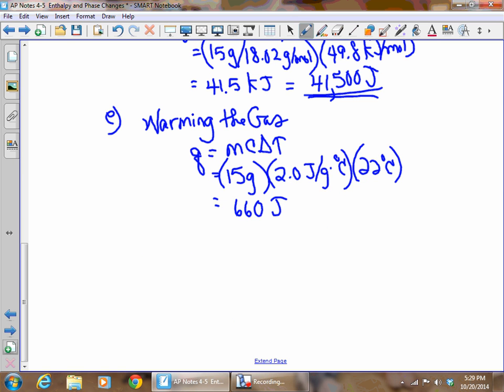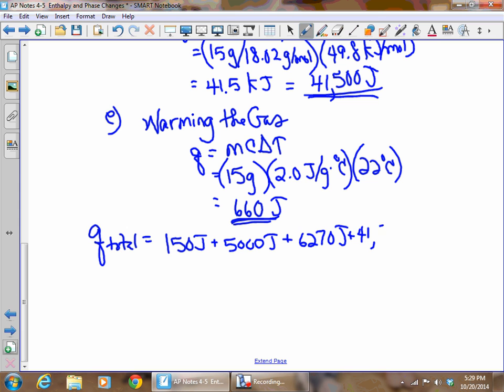Our very last step then is to take all of those values and add them together. So we've got 150 joules plus our 5,000 joules. I didn't ever underline that. I like to be consistent at least most of the time. Our 6,270 joules, our 41,500 joules, let's put an addition symbol there instead of comma, and our 660 joules, and I get 53,580 joules.